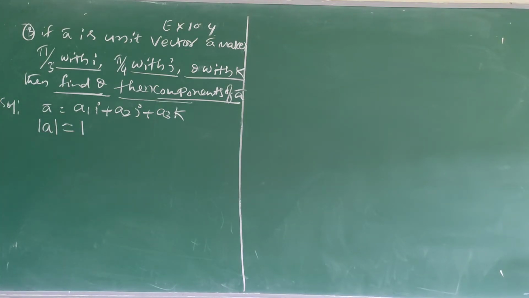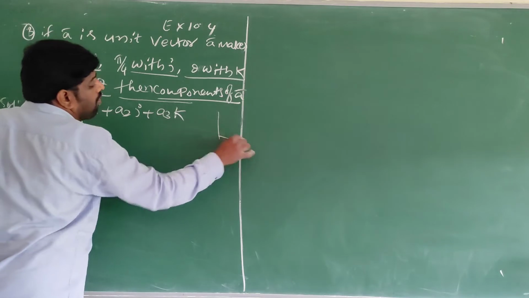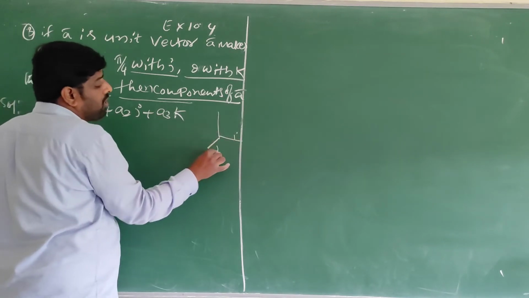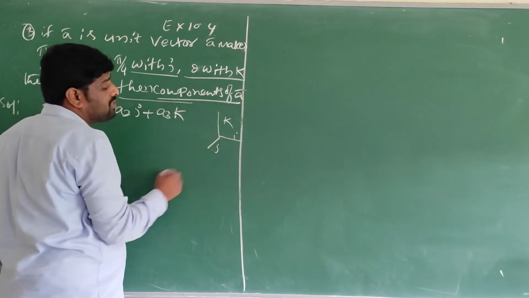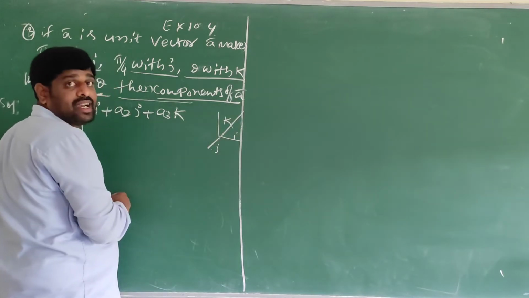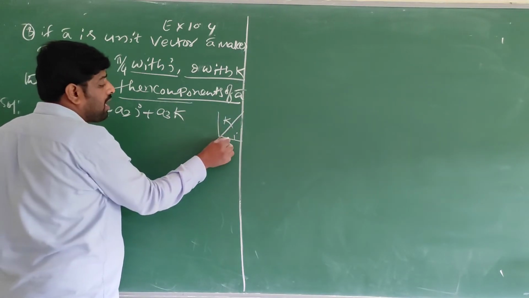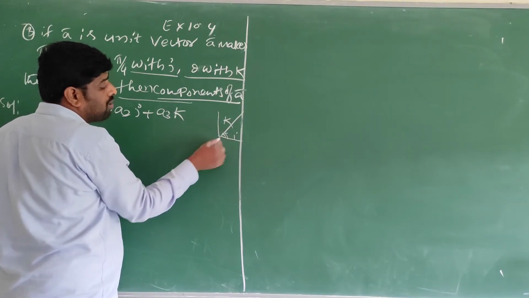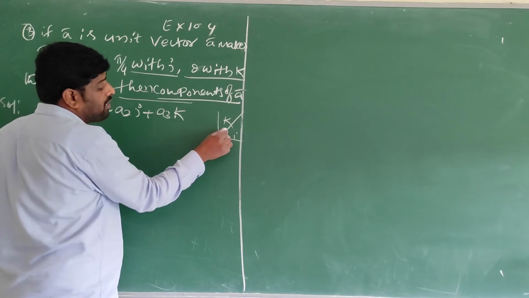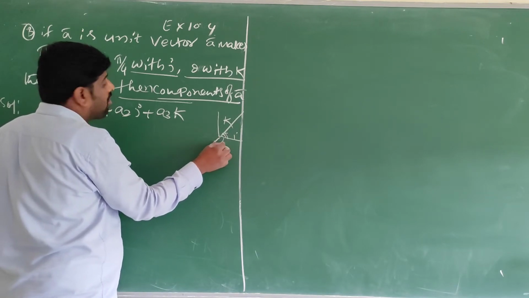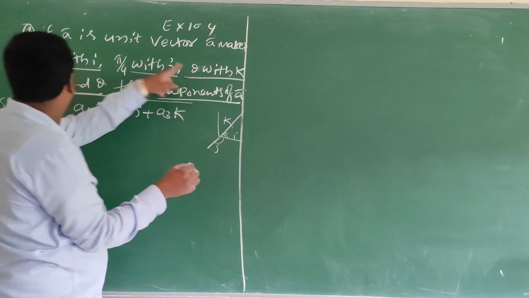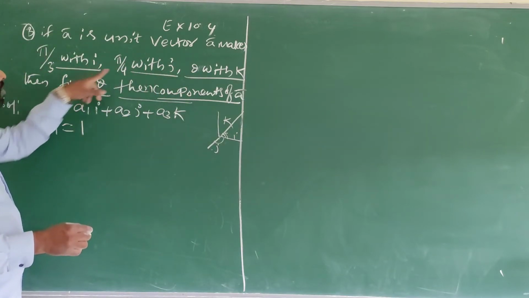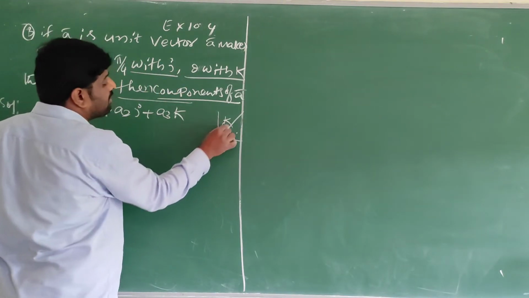This is the I component, this is the J component, this is the K component. This is cos pi by 3, and again this is cos pi by 3, and this is cos pi by 4, and this is theta.